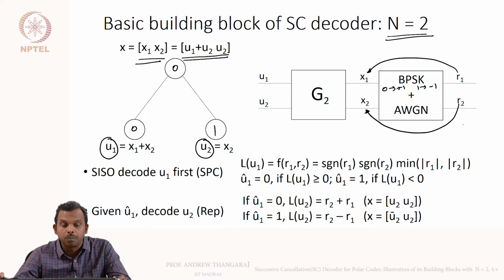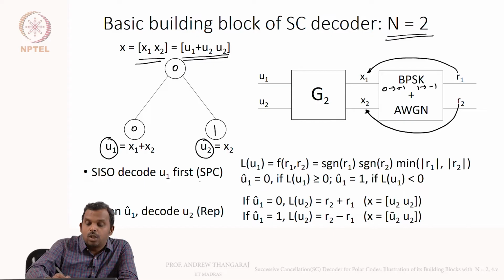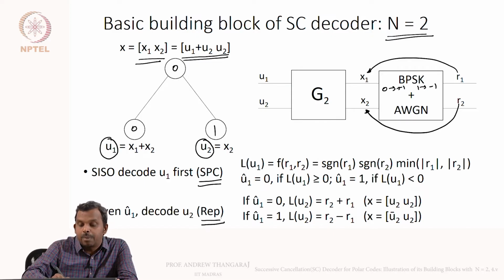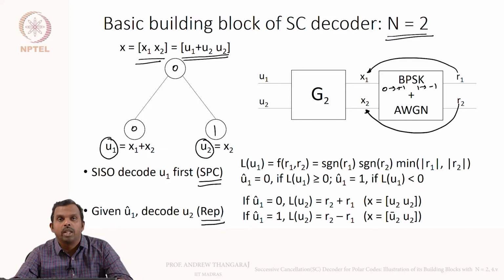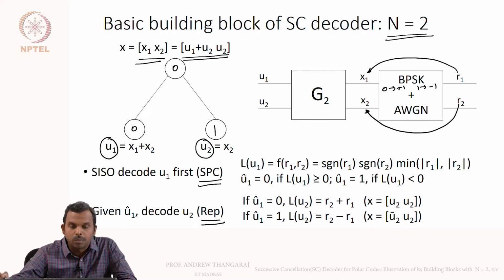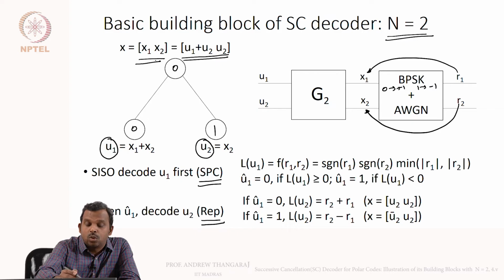That's the only point. And for that, it turns out our old ideas of single parity check and repetition are what is used again. The only soft ingredients that we use these days are the single parity check code and the repetition code. So I'll tell you how that comes about. If you look at x equals u times the kernel, you can write u1 in terms of x1 x2.